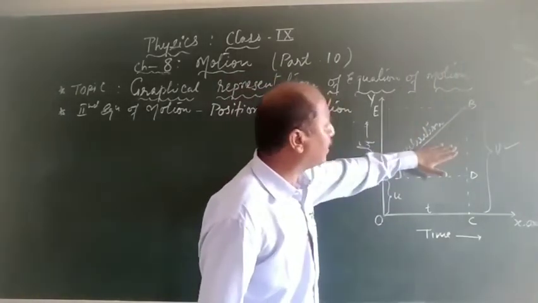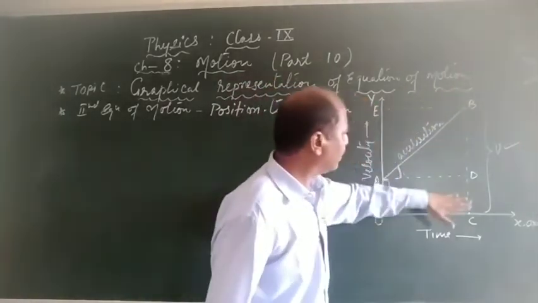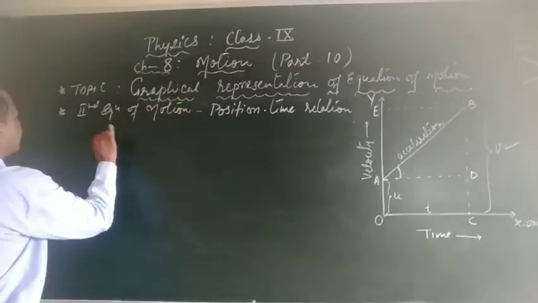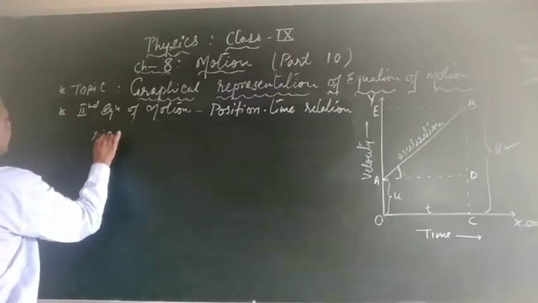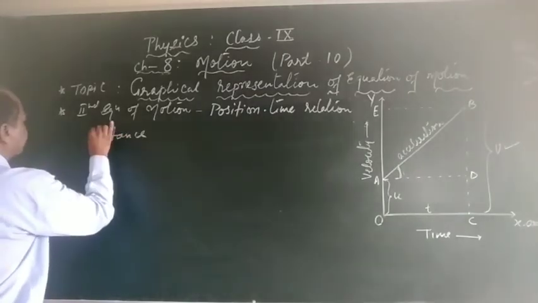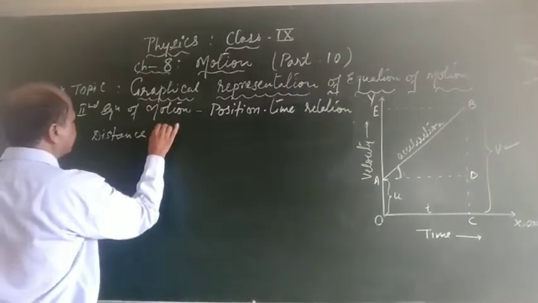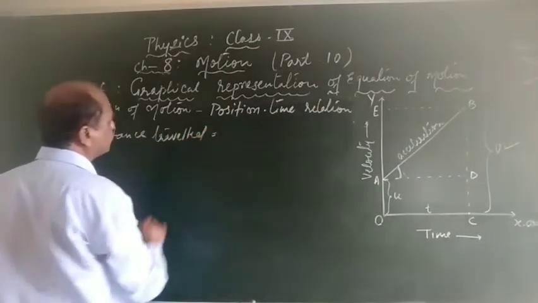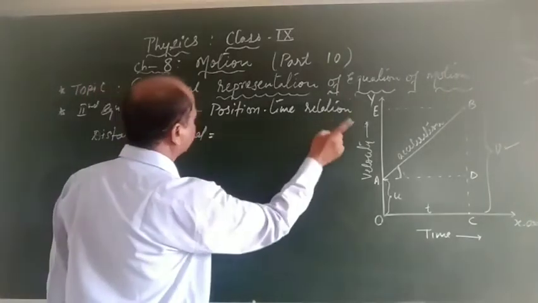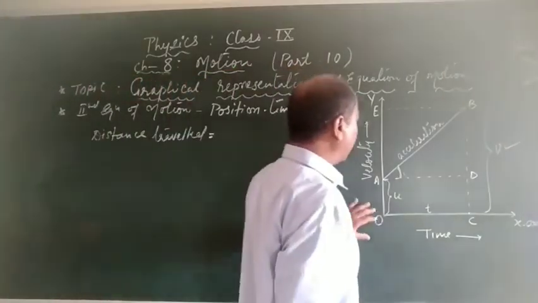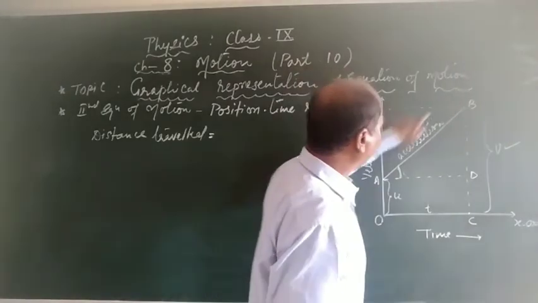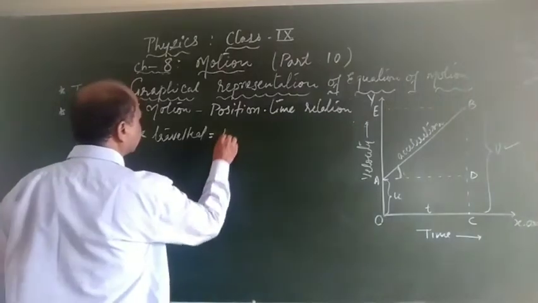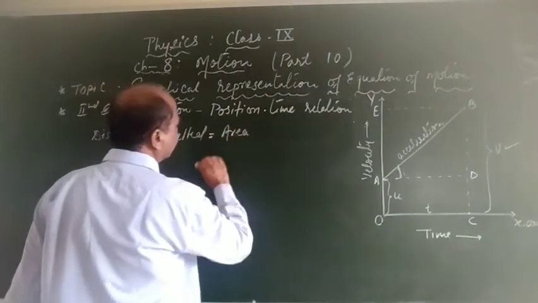So the space under the line AB will be its distance. We write here: distance traveled or covered is equal to, what is the name of this figure? OABDC. That will be the area of this figure.